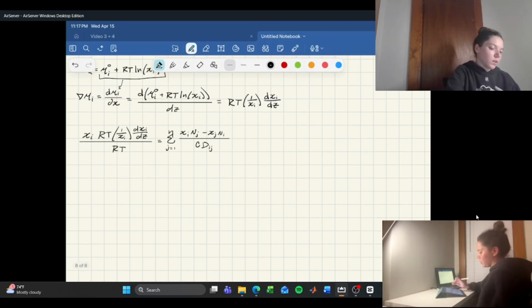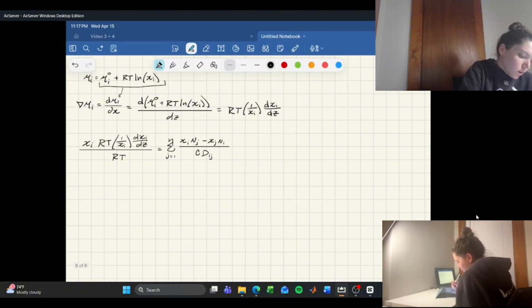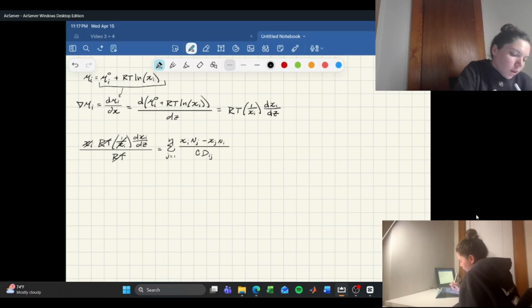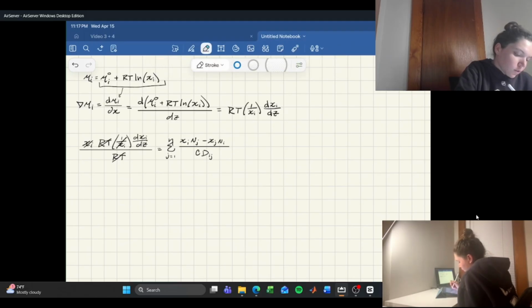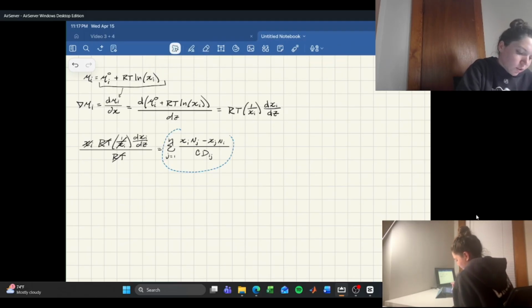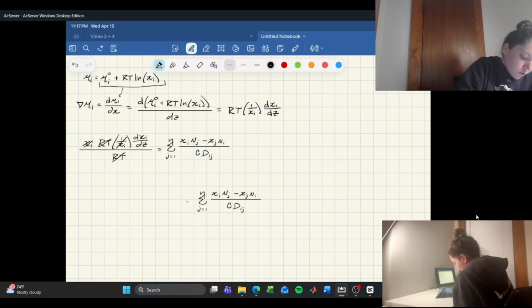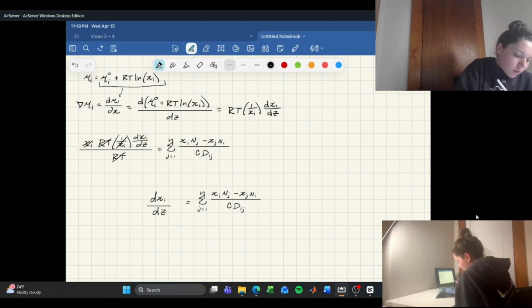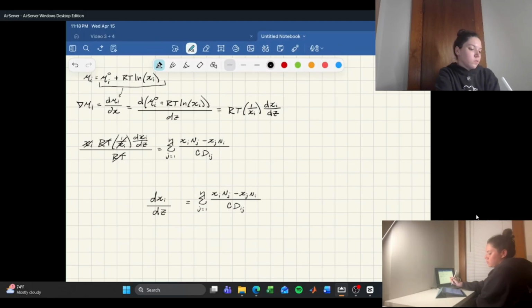So now if we simplify this, this cancels, and we are going to be left with, I'll just copy this down actually. We're left with the derivative of the mole fraction of i with respect to position equal to the right side of our Stefan-Maxwell equation.